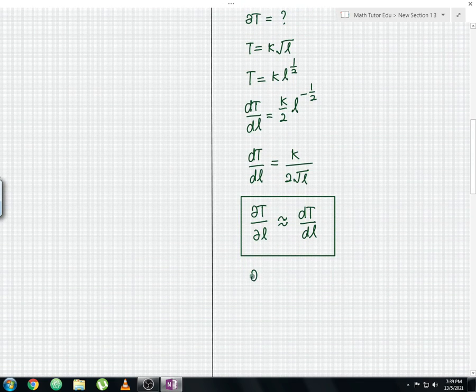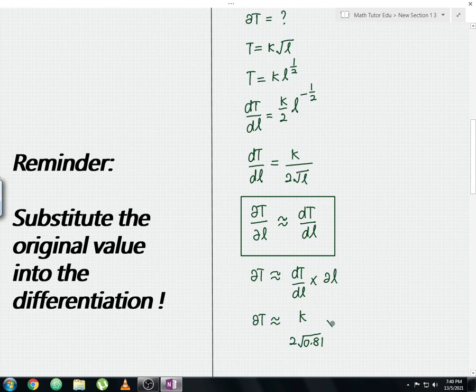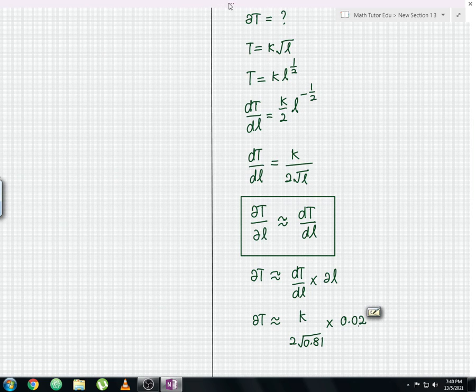So delta t is approximately the same as dt over dL times delta L. So from here you find delta t, approximately k over 2 square root 0.81, and then you times delta L. In this case the delta L is 0.02, the one we found earlier, through L new minus L original.